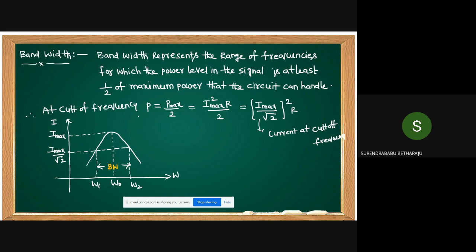Sir, why have you taken this? According to the definition, this is P maxima by 2, and P maxima by 2 means I maxima by root 2. At this current, whatever the frequencies are there, these are the cutoff frequencies. This is the lower cutoff frequency, and this is the upper cutoff frequency.